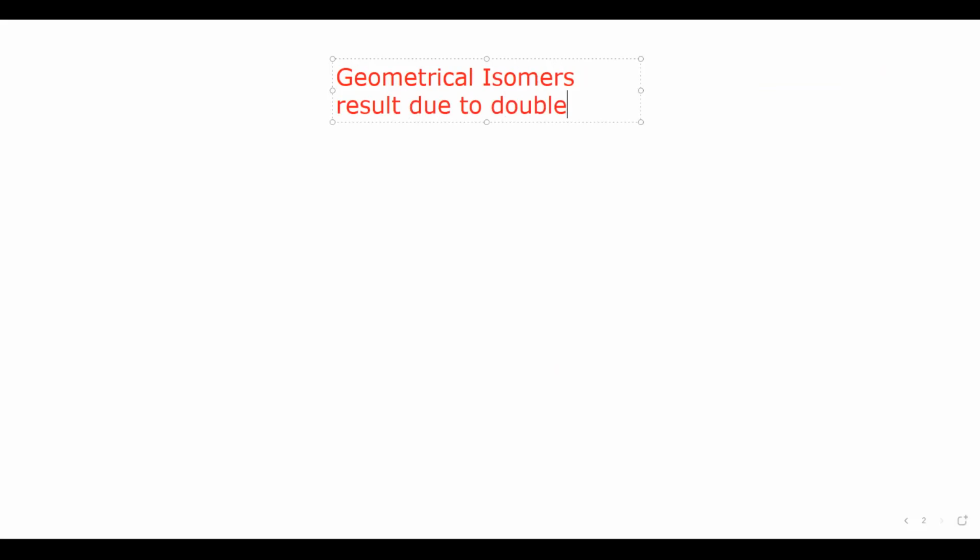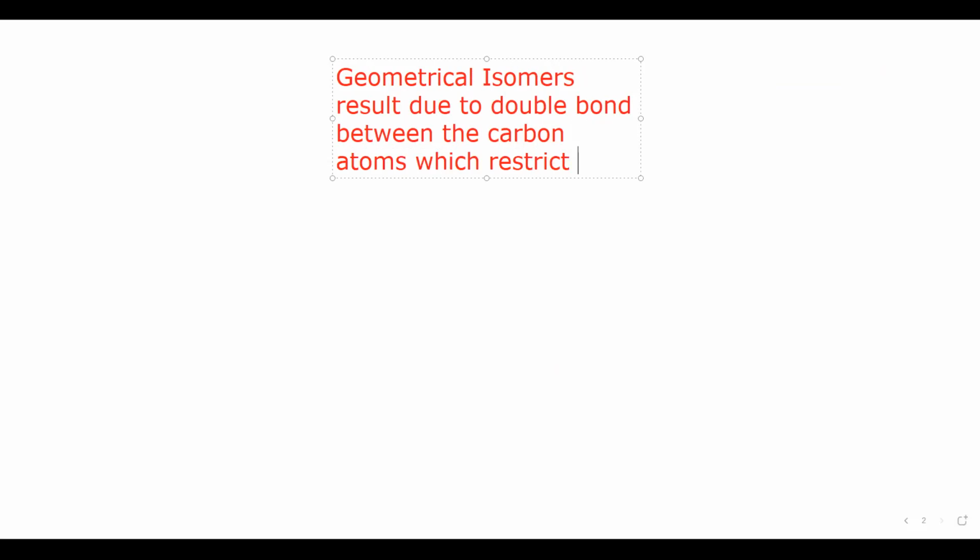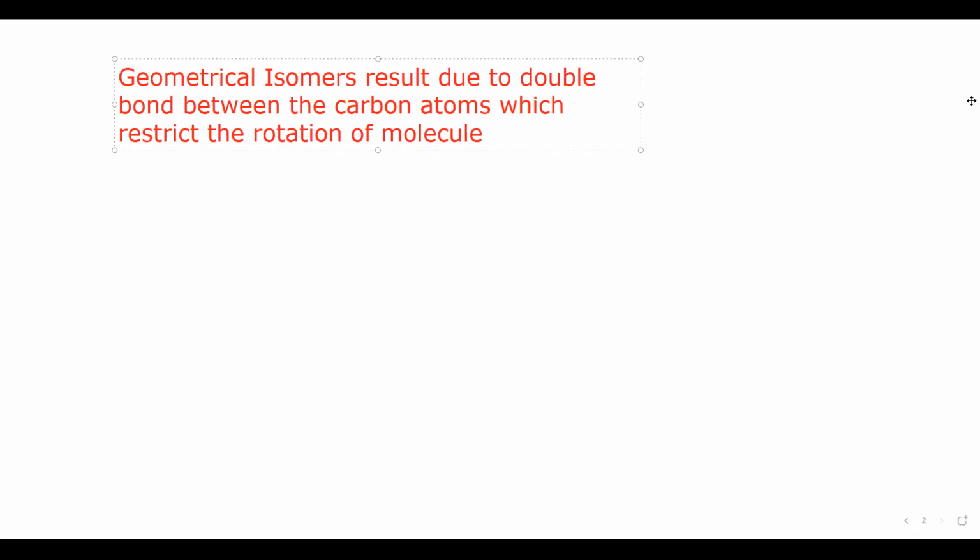So geometrical isomerism results due to the double bond between the carbon atoms, which restricts the rotation of the molecule.